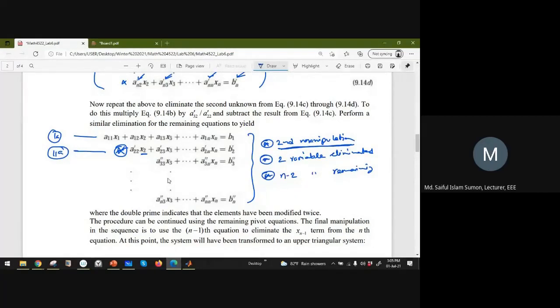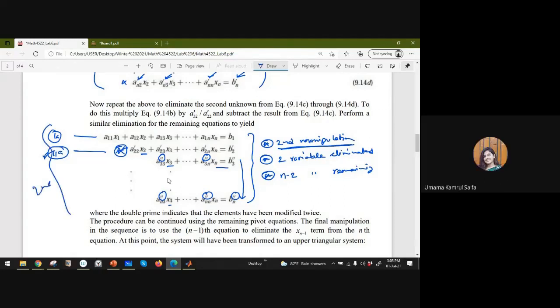Equation 2a will remain as it is, but from all other equations x2 will be removed and x3 will be there. You can see two manipulations have occurred, that's why all these coefficients have double prime. Are you okay till now? This is the second manipulation.